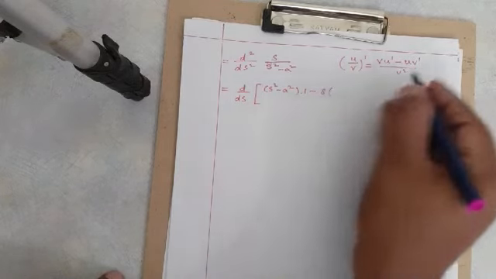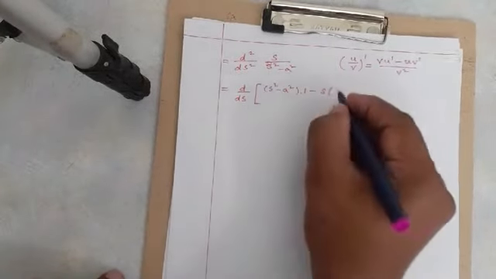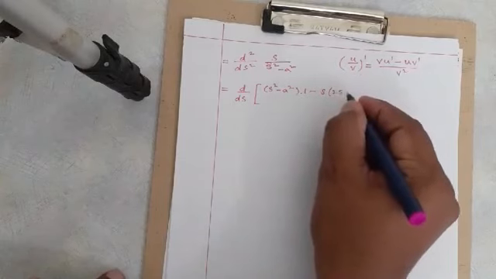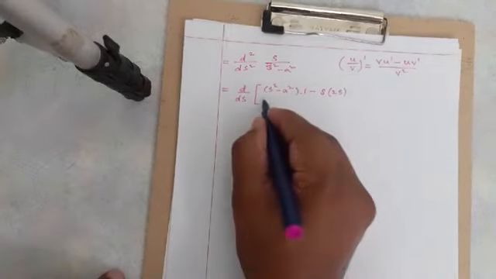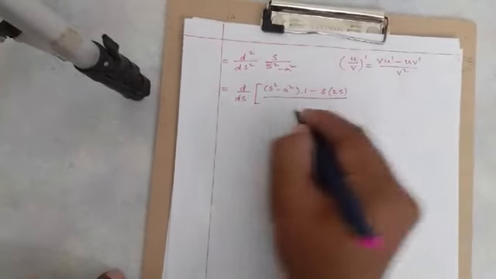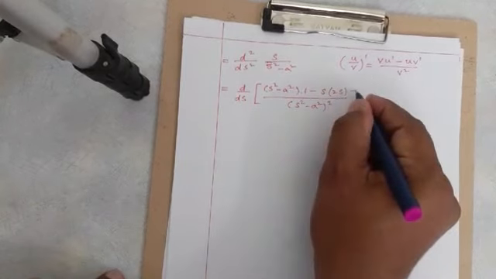When you differentiate v dash, that is s square minus a square, s square becomes 2s, a becomes 0. So just close the bracket. After that, upon v square, which is s square minus a square whole square.